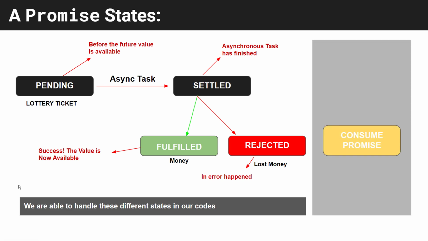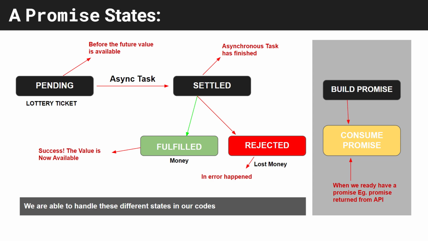So let's talk about consuming promises. When we have a promise, for example a promise returned from an API, we're going to use the fetch API to return the promise. We're going to use the same structure to get the data from the API and display the data inside our console screen.